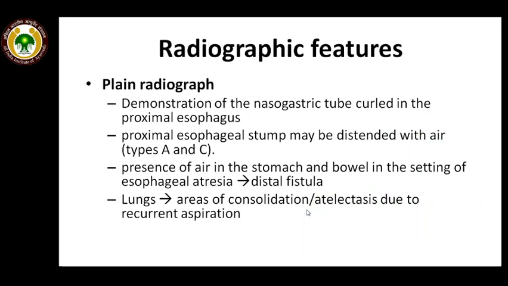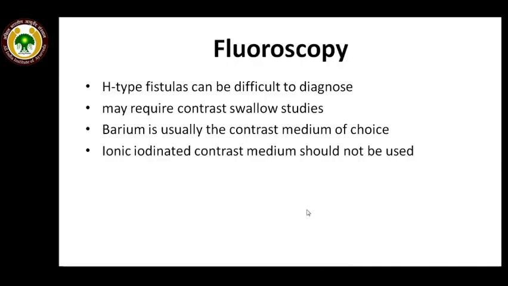If there is aspiration, you can find areas of consolidation and atelectasis due to recurrent aspiration pneumonia. In a few cases, you may require fluoroscopy, particularly in H type of fistulas, which are very difficult to diagnose with plain radiographs. So you require contrast studies.